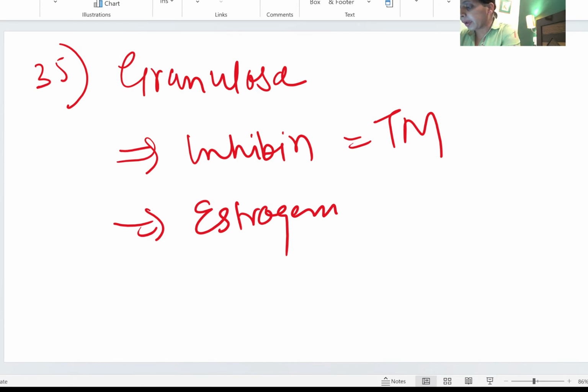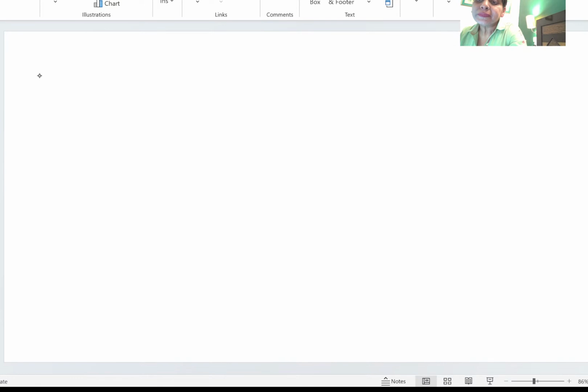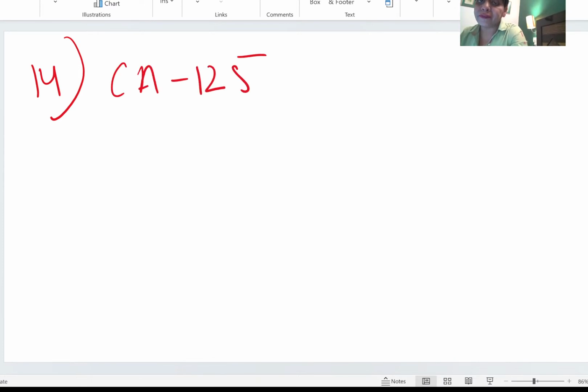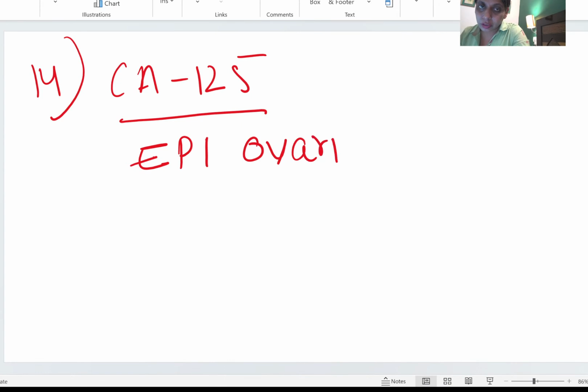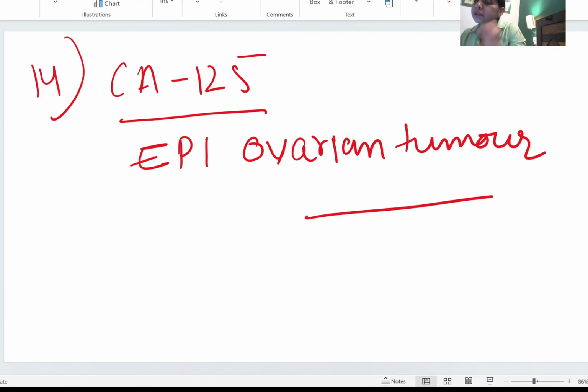Shafi, your query is question number 14. Lot of queries today I was expecting. CA 125 is elevated in all of the following. Already I have made it clear that CA 125, lot of you have queries in this. CA 125 is a tumor marker for epithelial ovarian tumor, not for germ cell tumor, not for any other tumor.